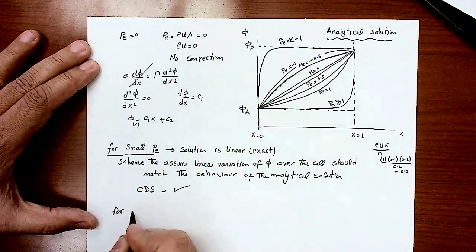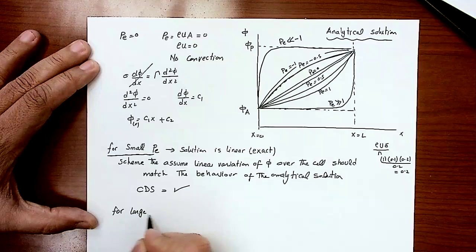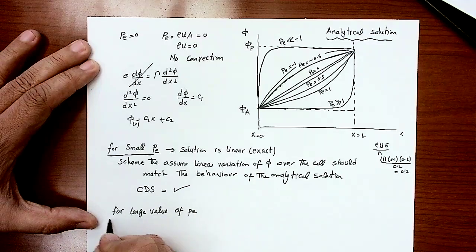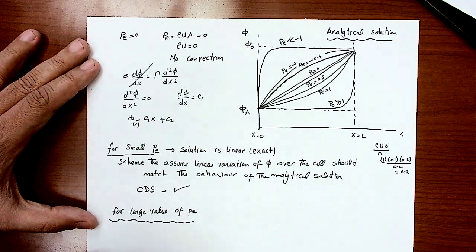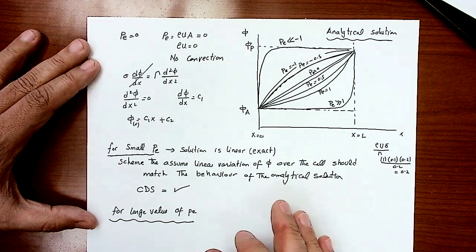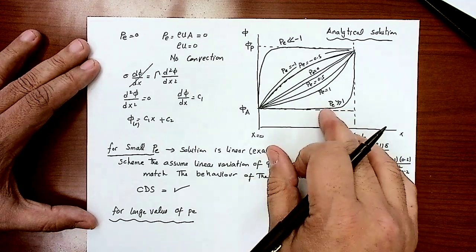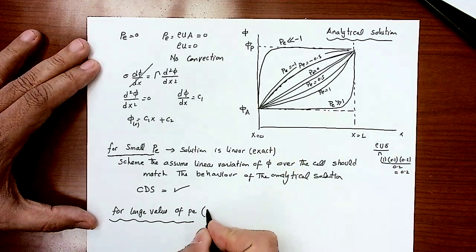For a large value of Peclet number, let's assume something greater than 1, so Peclet is much more than 1.